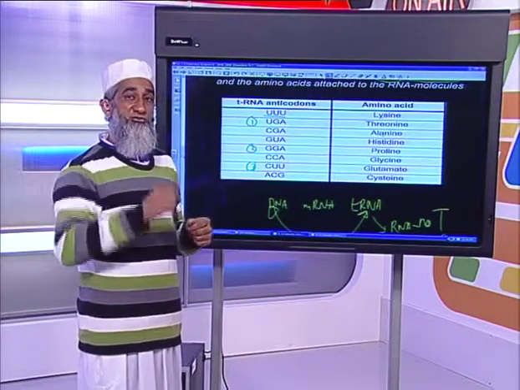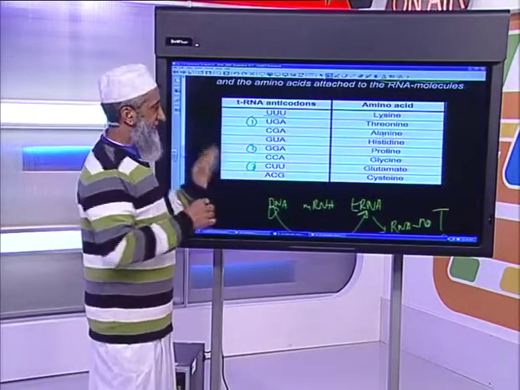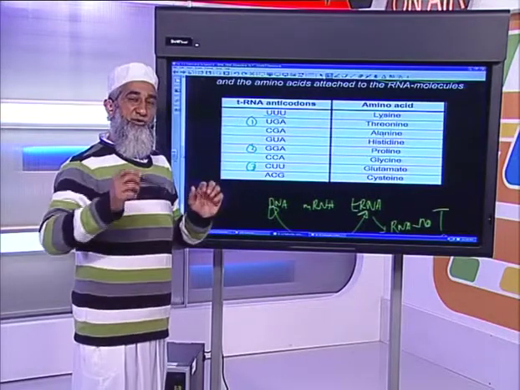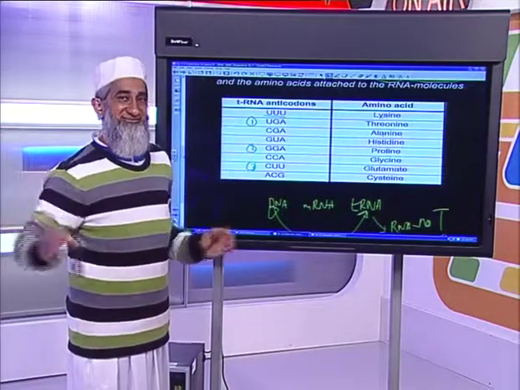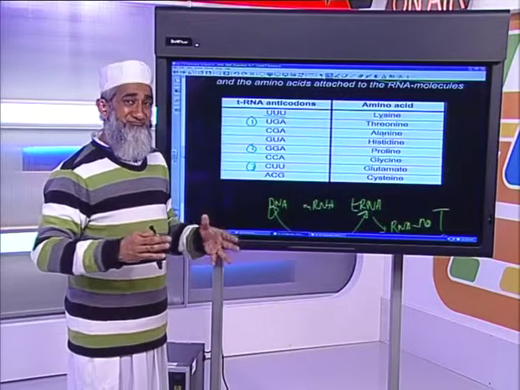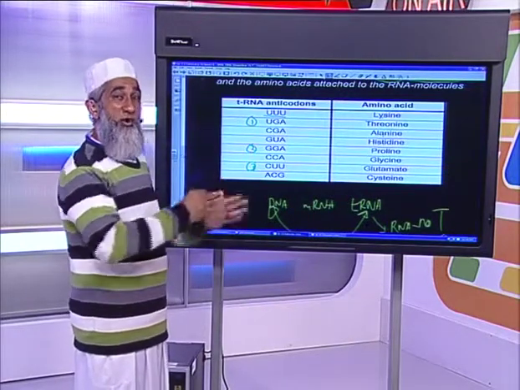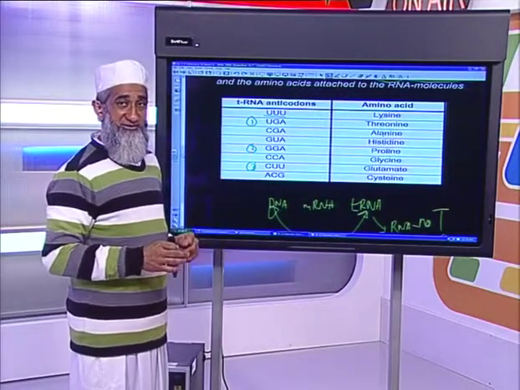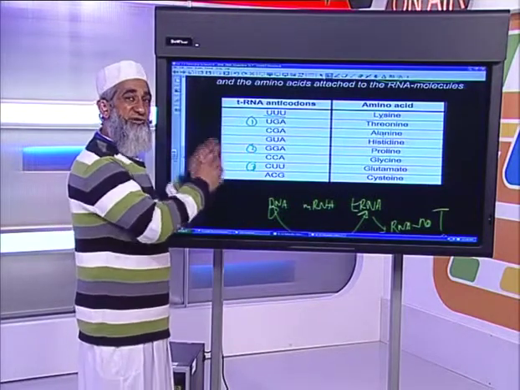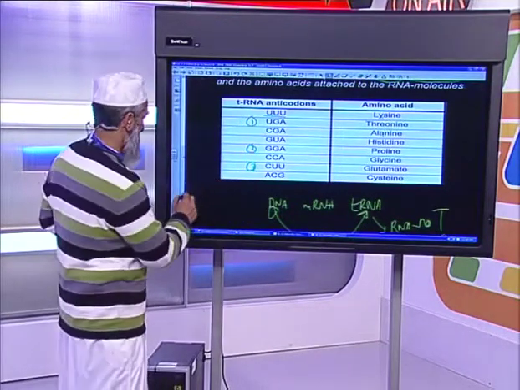In this way, the different amino acids will make different proteins. And obviously, guys, we need 50 or more amino acids to make a protein. And this is the process of translation, to actually answer Samuel's question.